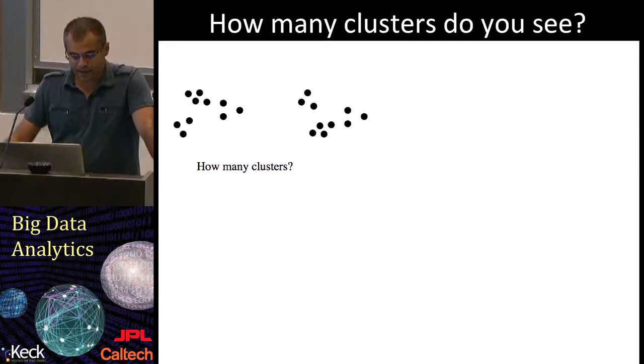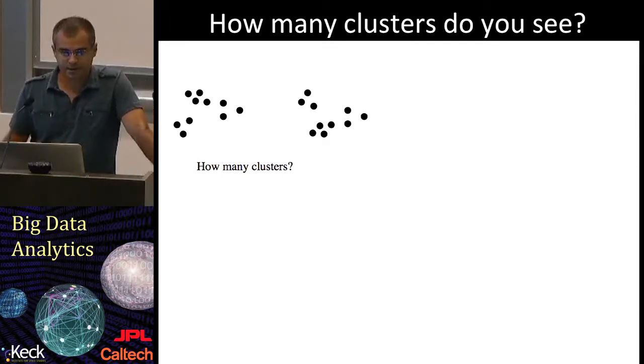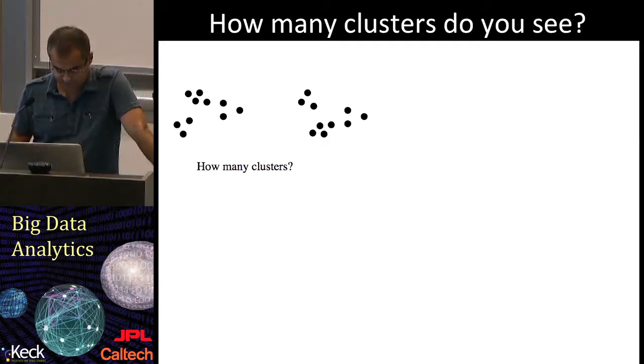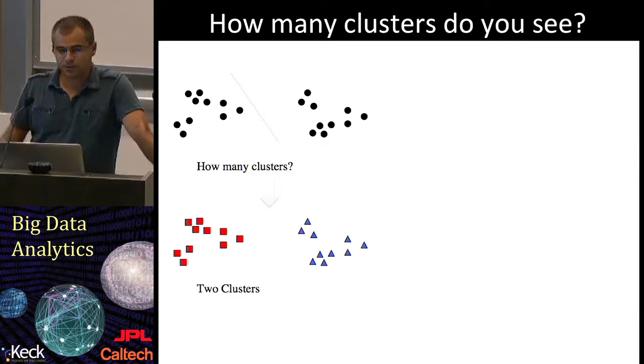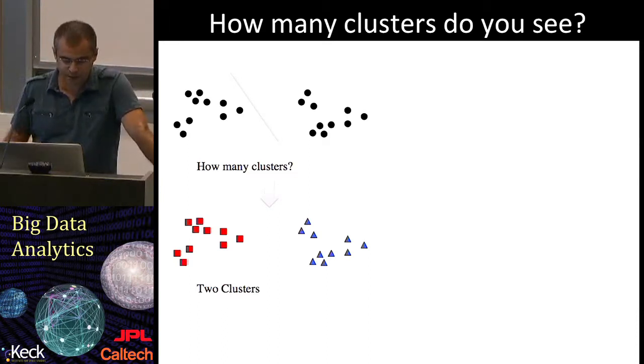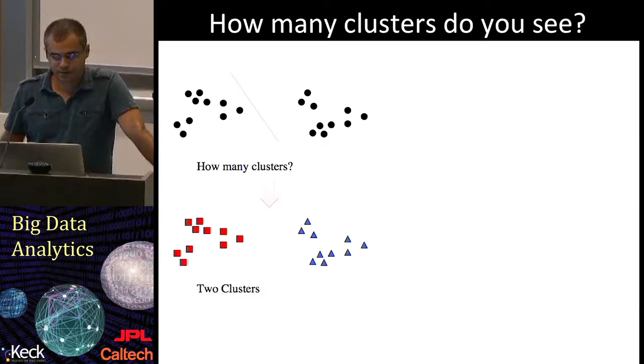Now, let's see another example. We have this set of points. How many clusters do you see? I'm pretty sure most of you would say just two clusters, because there are two groups of points that look really well separated.